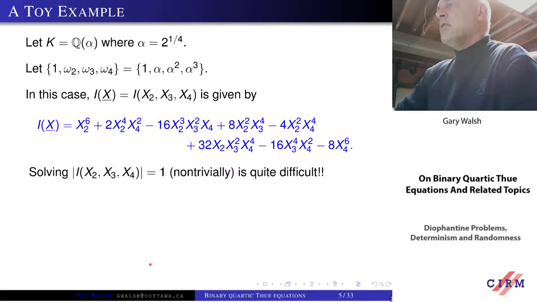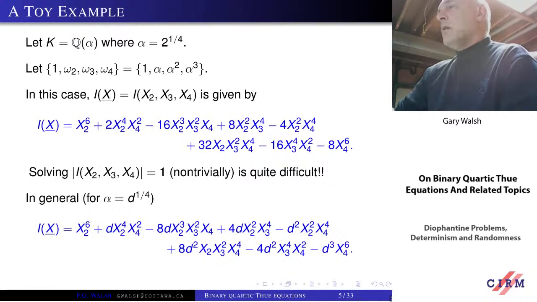So solving this equation non-trivially is obviously a very difficult problem. Trivially, we can solve it if we set x3 and x4 equal to 0. Then we have x2 equal to plus or minus 1, which gives us the trivial basis here. Okay, but we want to know if there are other power integral bases other than the trivial one.